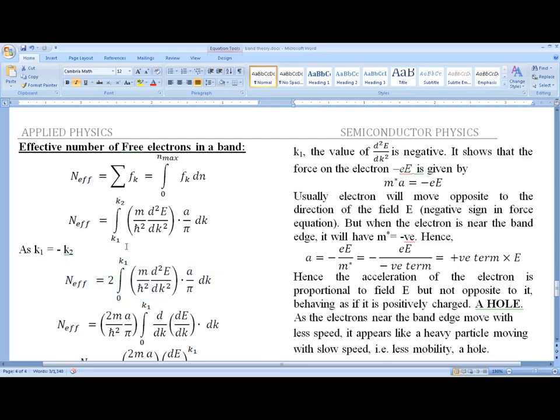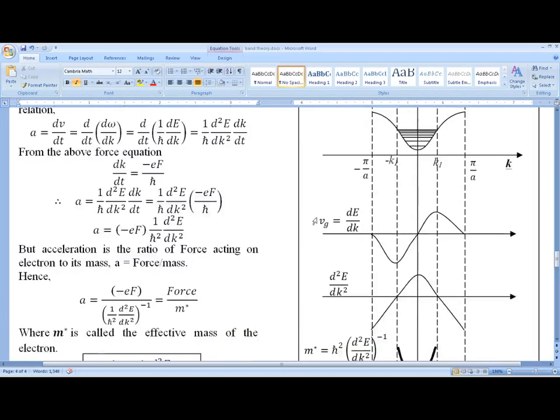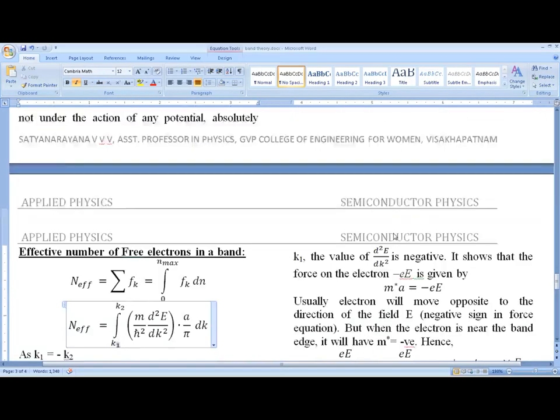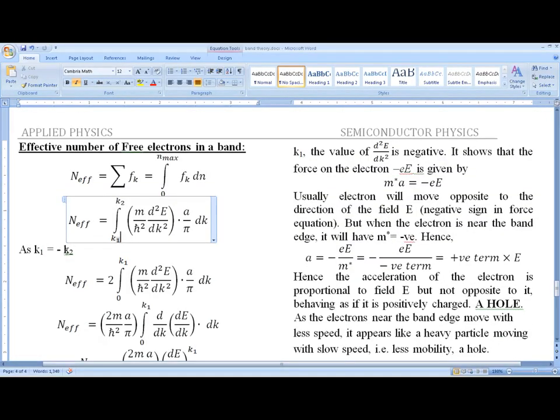And one more thing we have to consider here is k1 is the lower edge of the band, k2 is the higher edge of the band. If you look at this diagram of E versus k, electrons can be filled from here to there. So if k1 is the lower one and k2 is the other one, actually k1 and k2 are equal and opposite in magnitude. So it is basically k1 equal to minus k2.